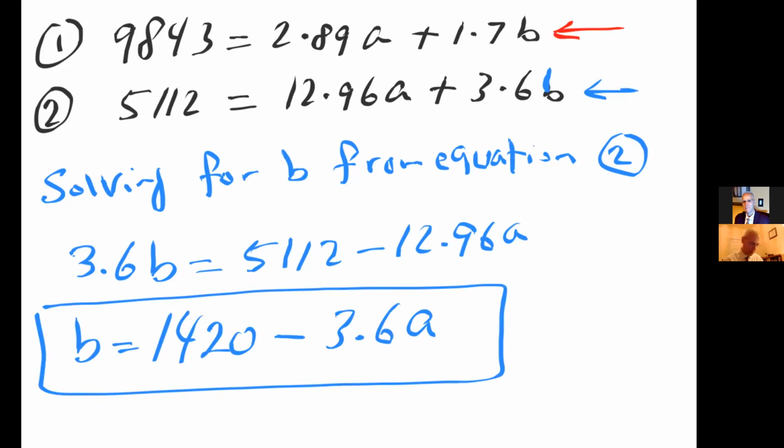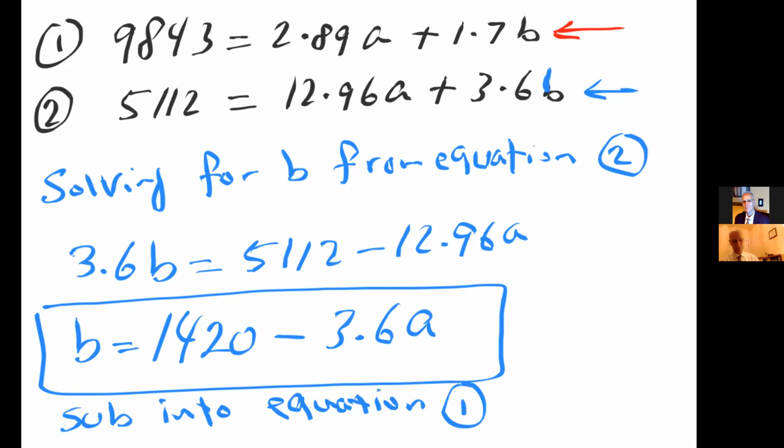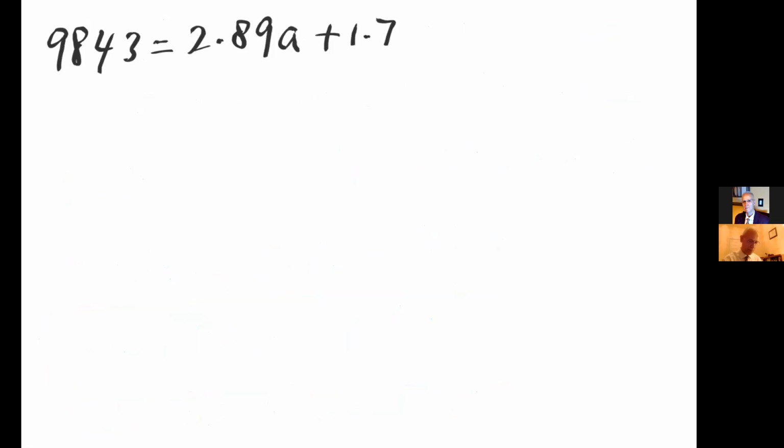So I'm going to sub into equation 1. Let me go ahead and go to the next page. Now, equation 1, I had 9,843 equals 2.89a plus 1.7, and b we decided was 1,420 minus 3.6a.